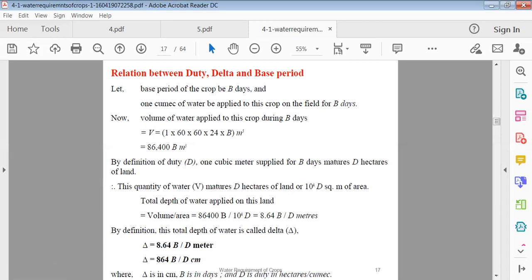So finally, delta is in centimeter, B is in days, and D is the duty in hectare per cubic. This is the final formula. If you want to find it in centimeter, it is 864 B divided by D, or 8.64 B divided by D in terms of meter.